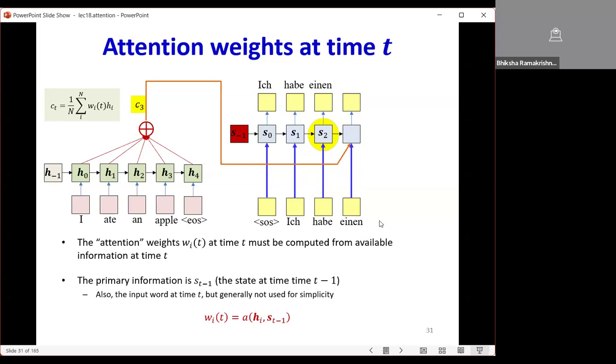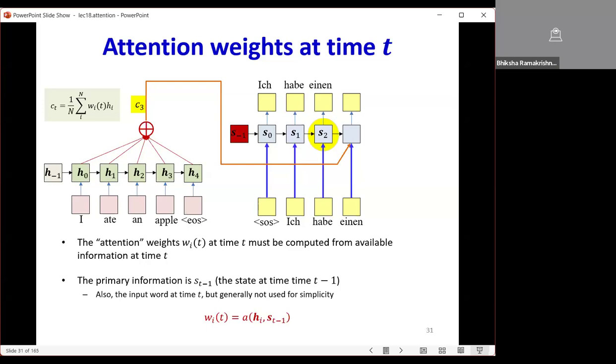But we're going to ignore the word because it's randomly drawn. So the only deterministic information that the decoder has is the state S2. Clearly, whatever weight it's computing for each of these H's is going to be a function of the H itself and S2. We don't have access to anything else. Does that make sense?